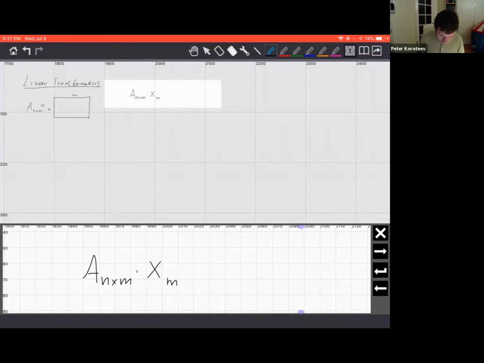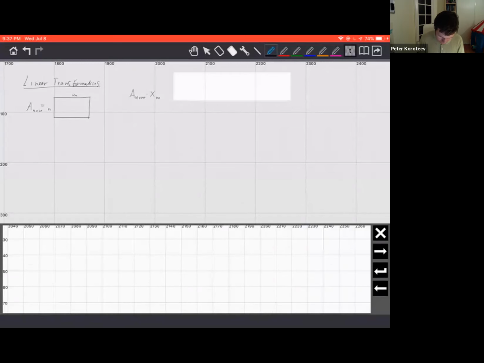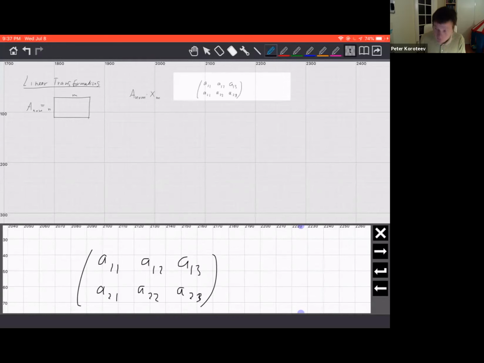So for example, have a1,1, a1,2, a1,3, a2,1, a2,2, a2,3, which is the 2 by 3 matrix, right?